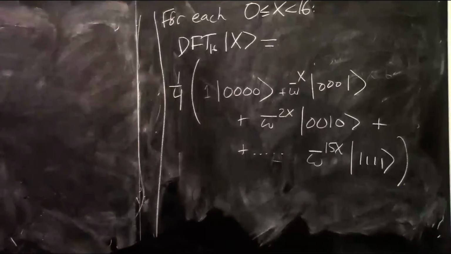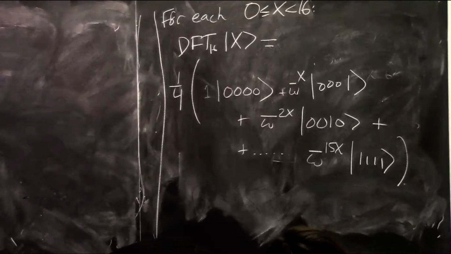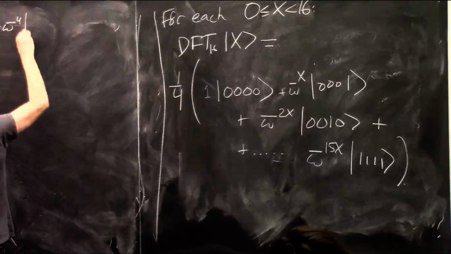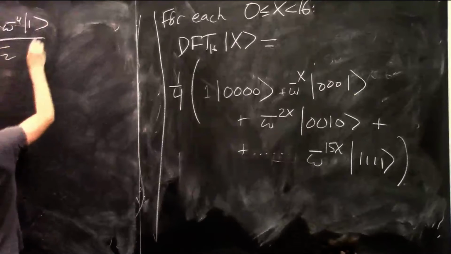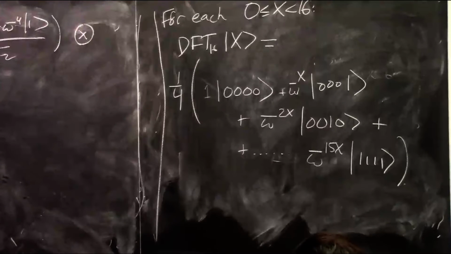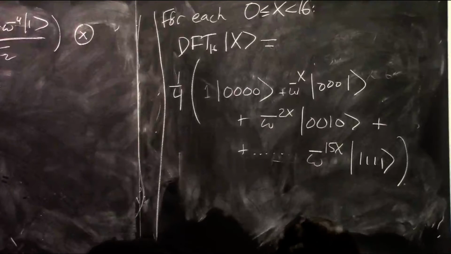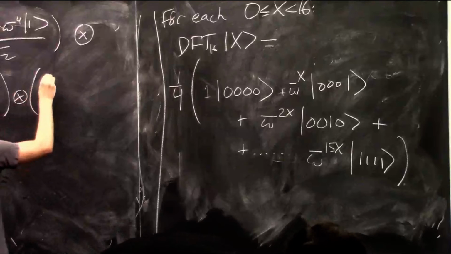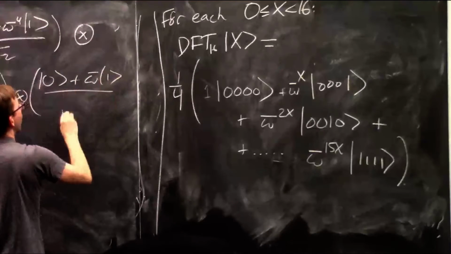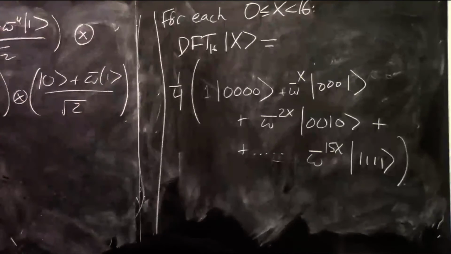Because it's this guy: 0 plus omega bar to the 8, 1 over root 2, tensor 0 plus omega bar to the 4, 1 over root 2, tensor 0 plus omega bar squared over root 2. I claim that this equals this.